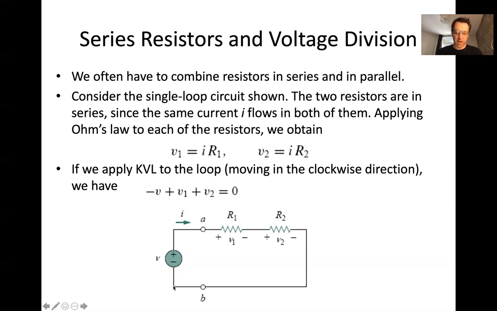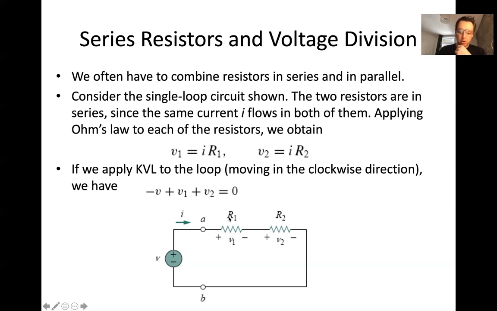Going from the bottom left, the voltage rise gets treated with a negative sign. Then the voltage drop of V1, which is the voltage drop across the first resistor, plus the voltage drop V2, which is the voltage drop across the second resistor. So we know that V has to equal V1 plus V2, which is the KVL equation.